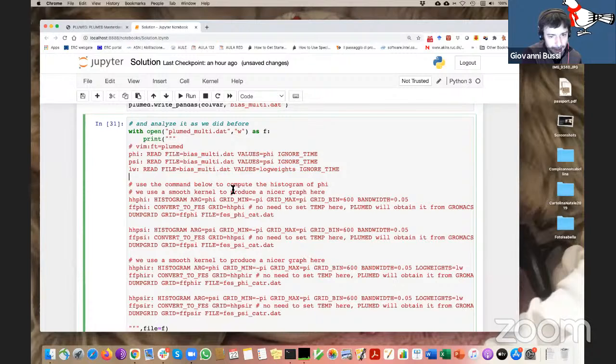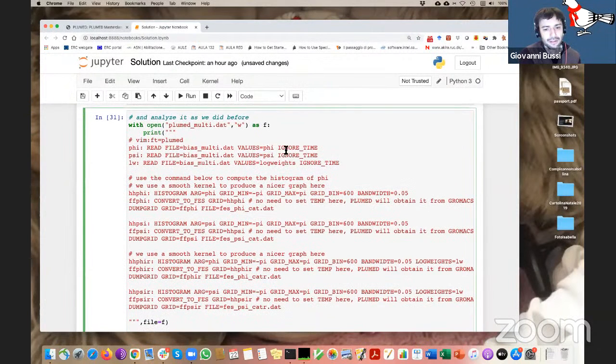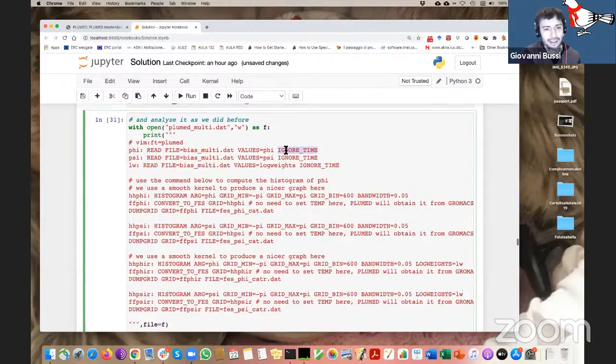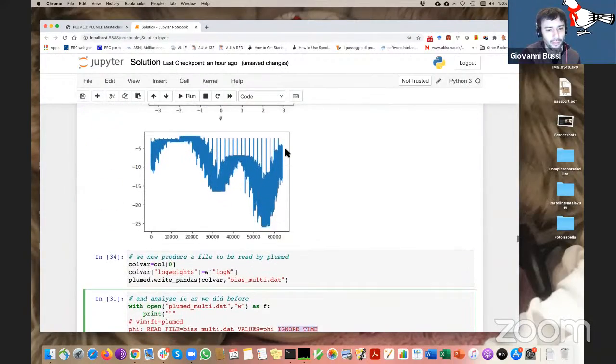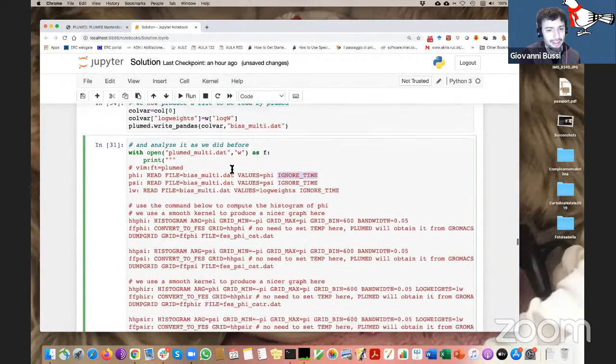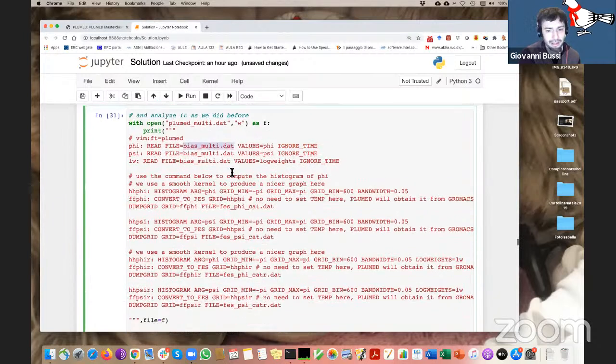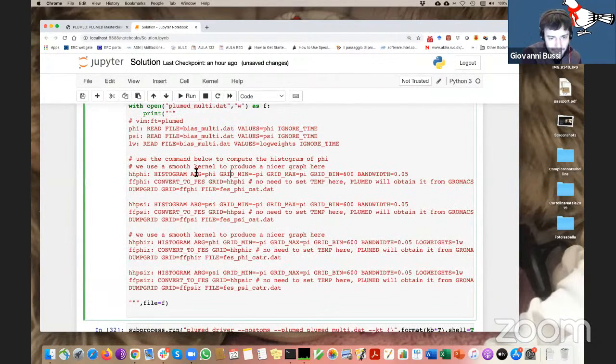So how to produce this input file? This is basically the same thing that we did before. Just one comment I had to add here: ignore time, because otherwise PLUMED complains about the values of time stored in this file.